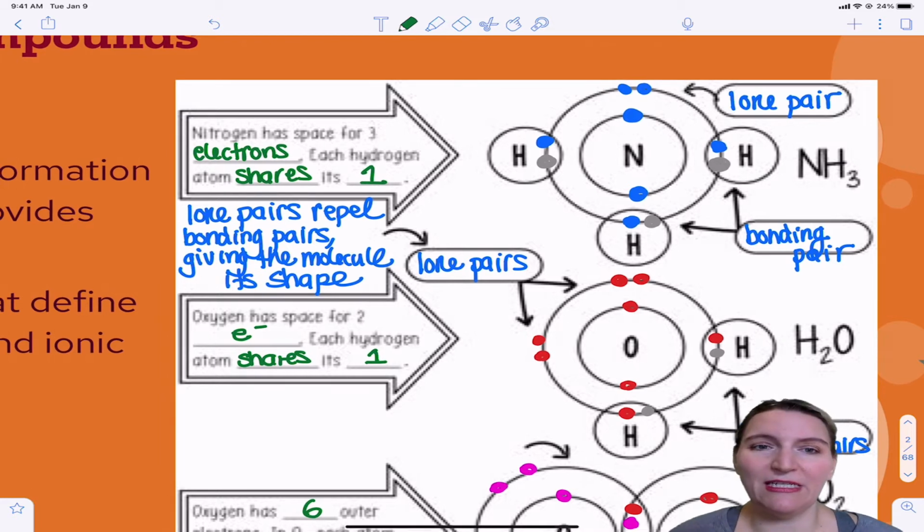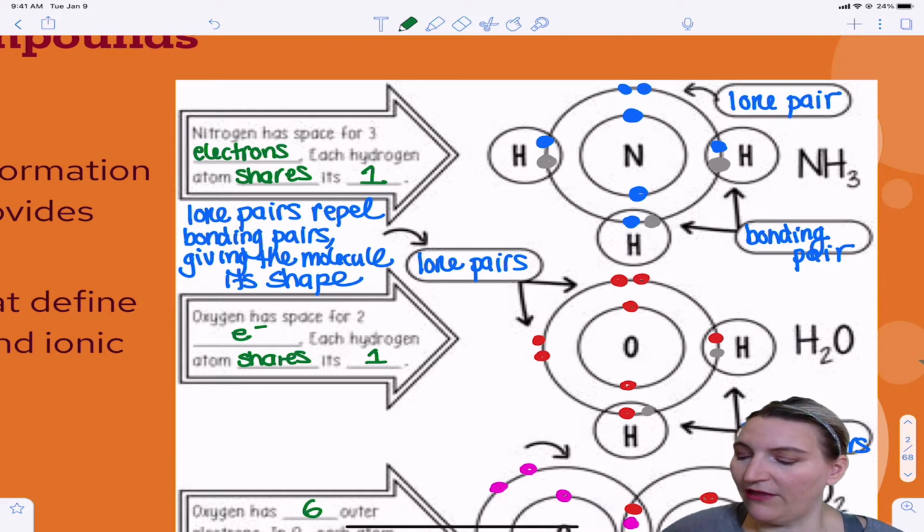If you look at these examples, notice that when I drew in the electrons, I used different colors. Nitrogen is often symbolized in blue, because nitrogen is the major component of the atmosphere and our sky is blue. Nitrogen, we know, has 5 valence electrons.